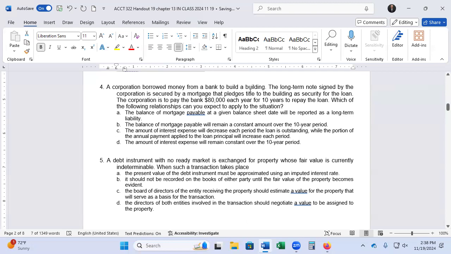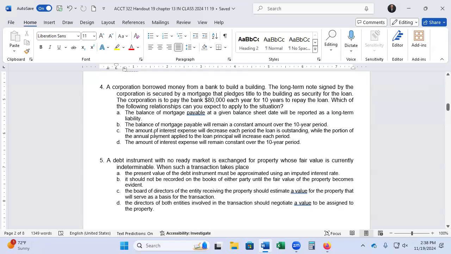A corporation borrowed money from a bank to build a building. The long-term note signed by the corporation is secured by a mortgage that pledges title to the building as security of the loan. The corporation is to pay the bank $80,000 each year for 10 years to repay the loan. Which of the following relationships can you expect to apply for this situation? The balance of mortgage payable, at a given balance sheet date will be reported as a long-term liability.